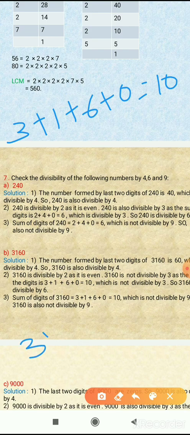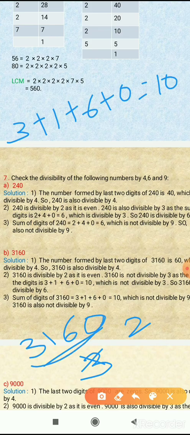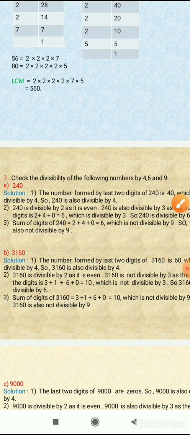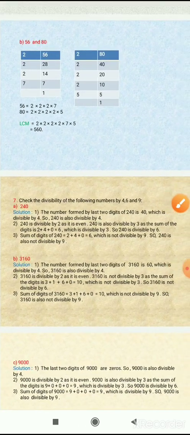So 3160 is also not divisible by 3. So here 3160 is divisible by 2, but it is not divisible by 3. So 3160 is also not divisible by 6.